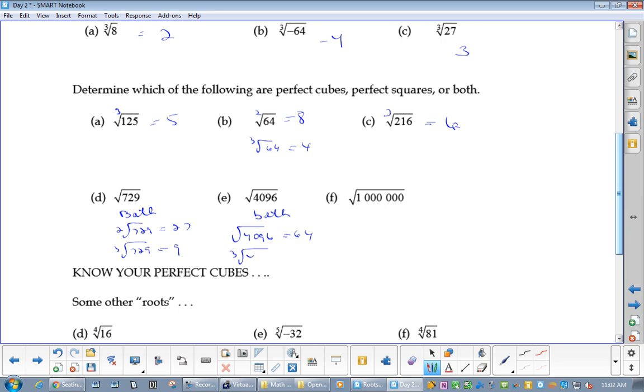The cube root of 4096 equals 16. Okay, now this one, 1 million. This is both as well. The square root of it, I won't write it all out, is 1,000. The cube root is 100.